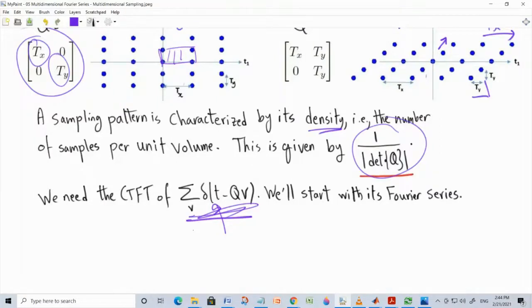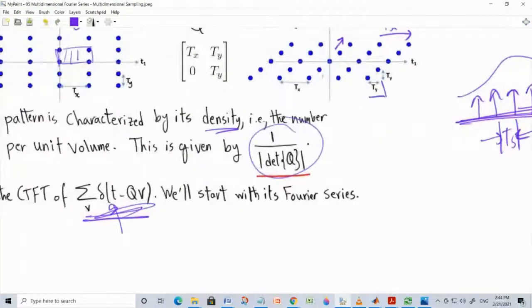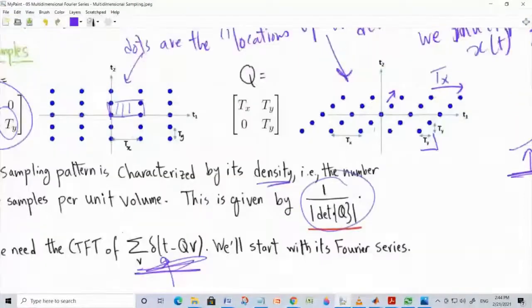We will ask what will happen, and guess what? The results are not surprising. Dirac deltas in the time domain will be Dirac deltas in the frequency domain. If you take their Fourier transform, they will be Dirac deltas separated by 1 over Ts. Something will happen here that will be related to the inverse of the Q matrix. Very cool stuff.